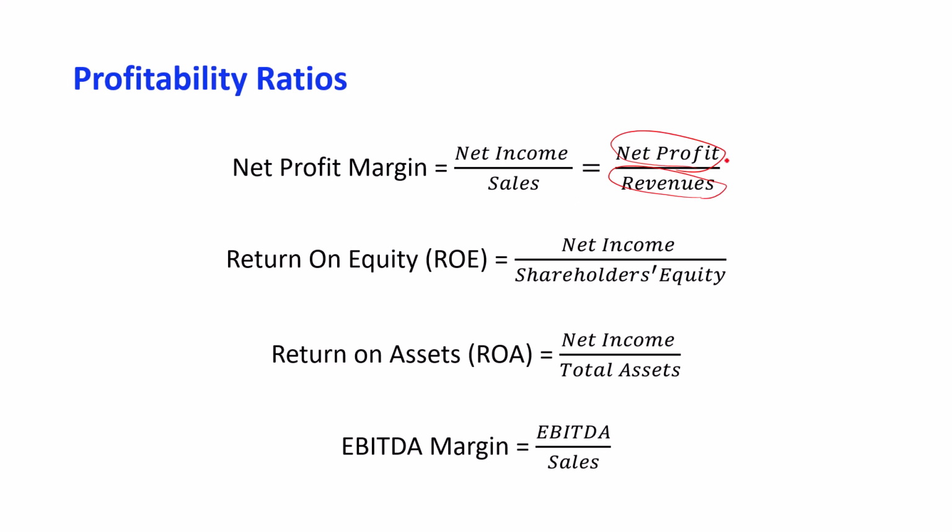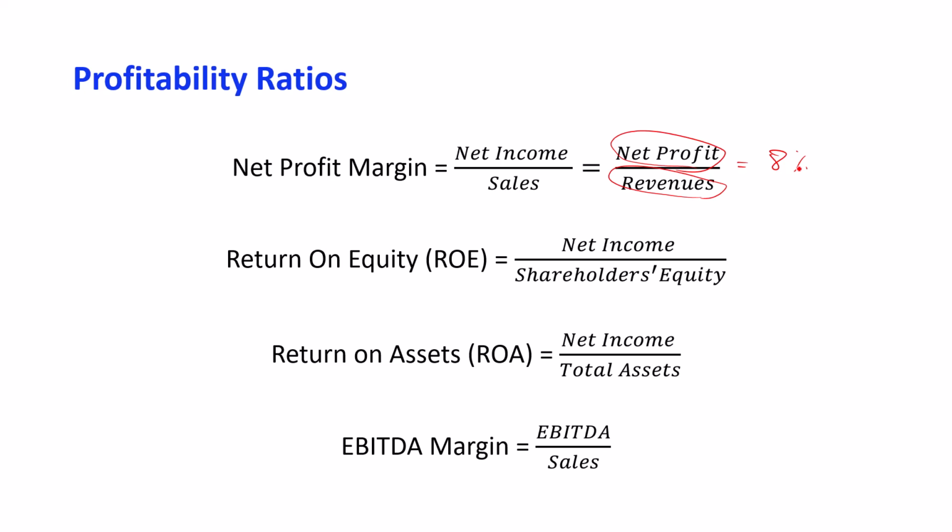So if your net profit margin is, I don't know, 8%, that means that for every dollar of sales that you've generated, your shareholders have 8 cents in accounting profit.